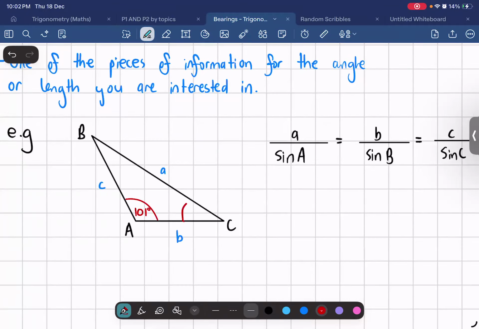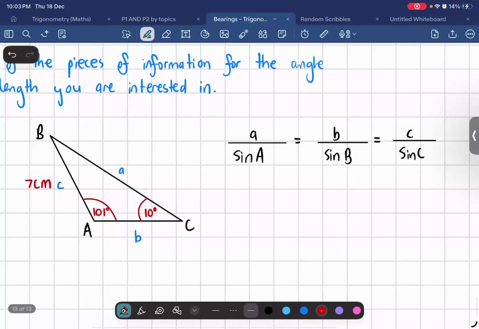And let's say they gave us this other angle to be a really small angle, maybe 10 degrees, and this side to be 7 centimeters. So Adika, if they gave us that information, what do you think we could find?